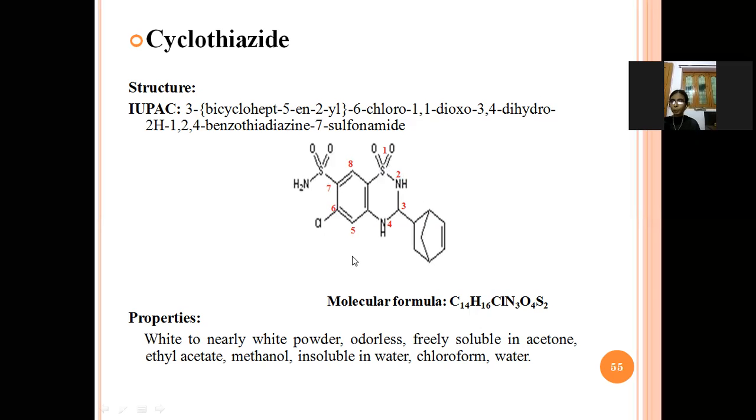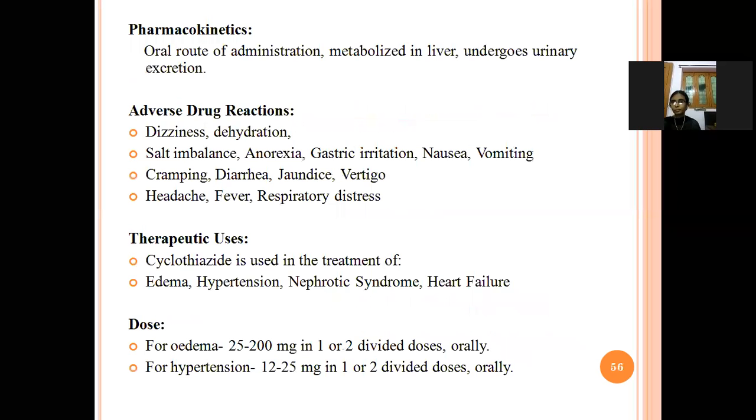So next properties, it is a white to nearly white powder, and it is odorless, freely soluble in acetone, ethyl acetate, methanol, insoluble in water and chloroform. So next pharmacokinetics are, it is the oral route of administration, and it is metabolized in the liver, and it undergoes urinary excretion.